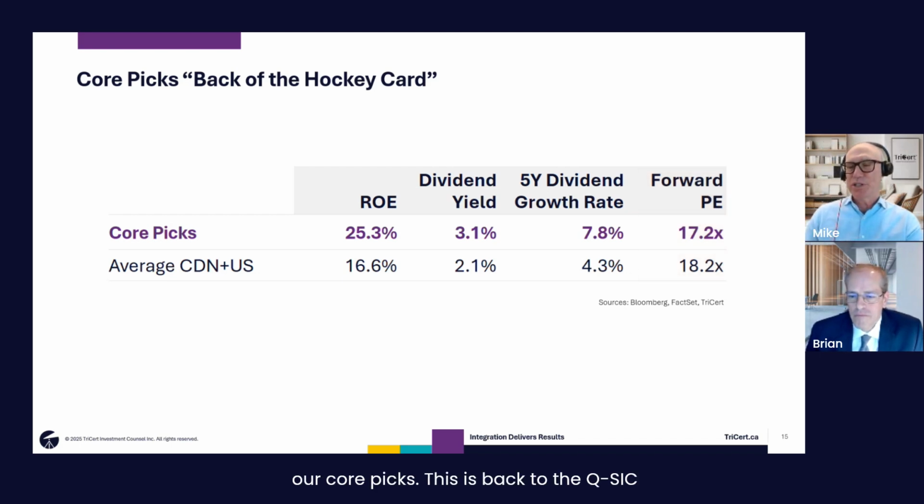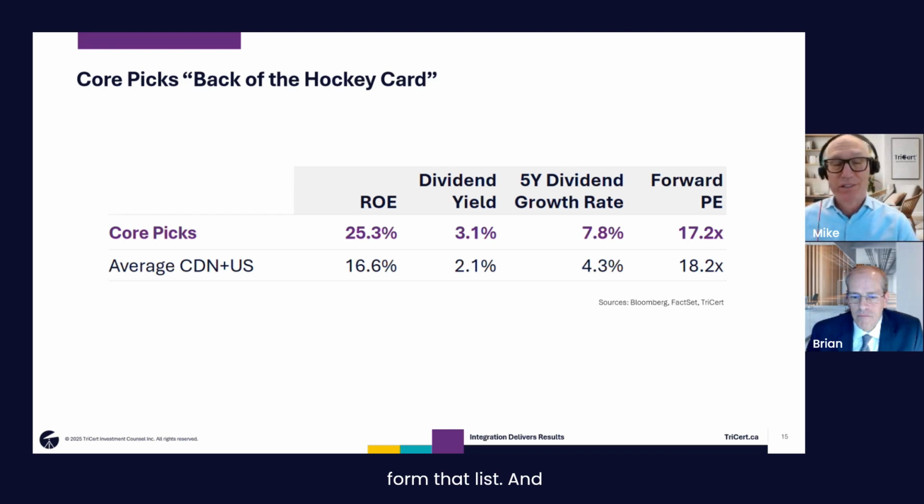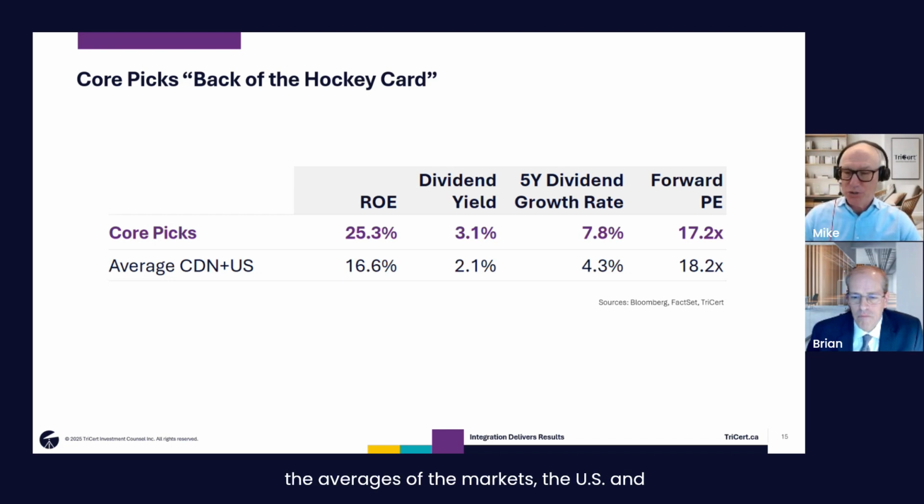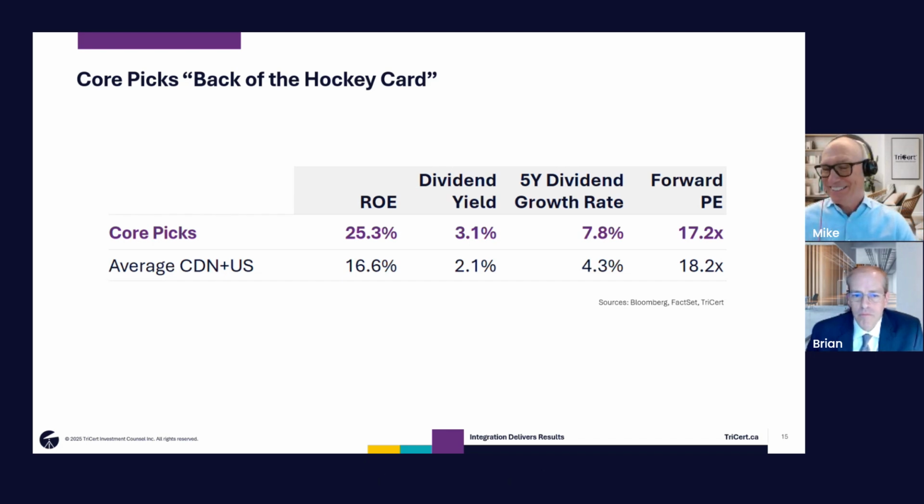These are our core picks. This is back to the QSect approach and the equities that form that list. And again, it's a good analogy compared to the averages of the markets, the U.S. and Canada. You kind of see the approach in terms of what we're looking for, and so again, we're not looking for cheap. We're looking for really high quality companies at good prices.